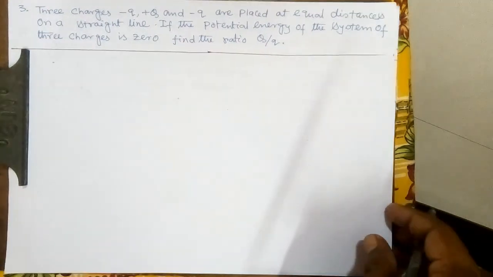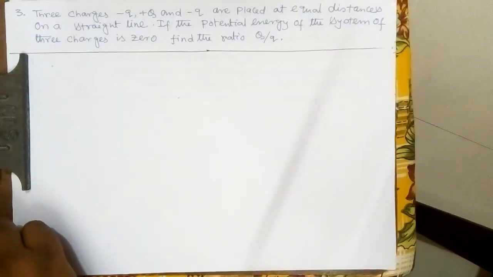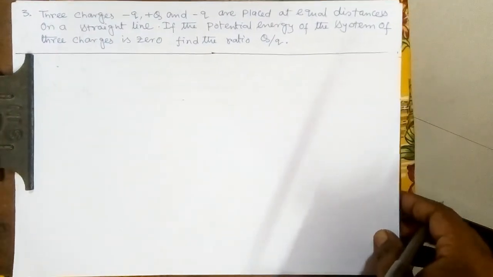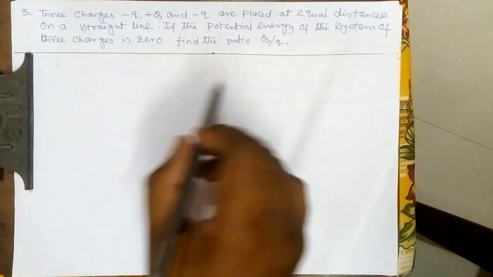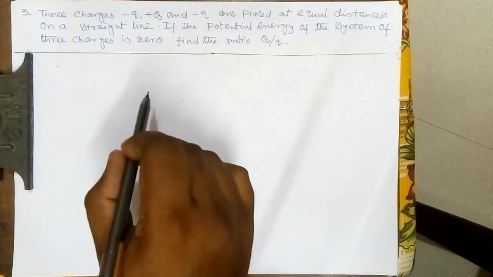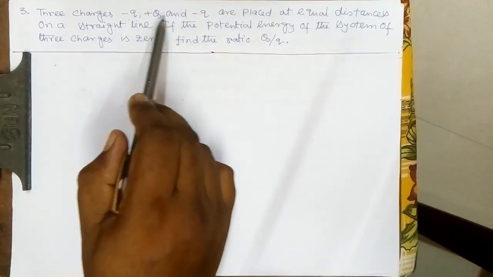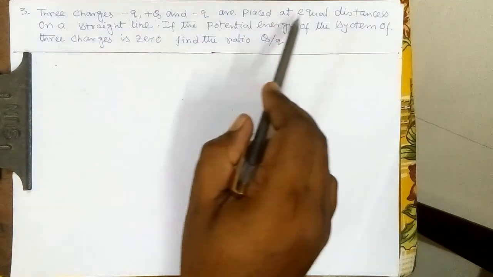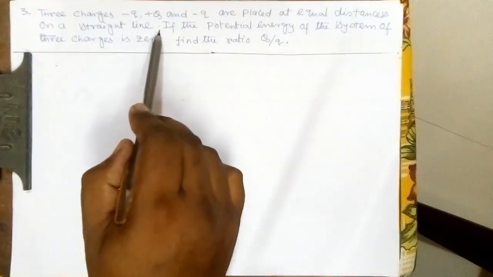Coming to question number 3. Question number 3 is also the same kind of numerical that we have done. Here it was only for 2 charges, but in this numerical we have 3 charges. It is told 3 charges minus q, plus Q and minus q are placed at equal distance on a straight line.